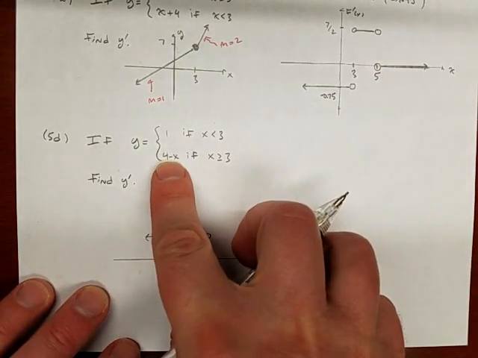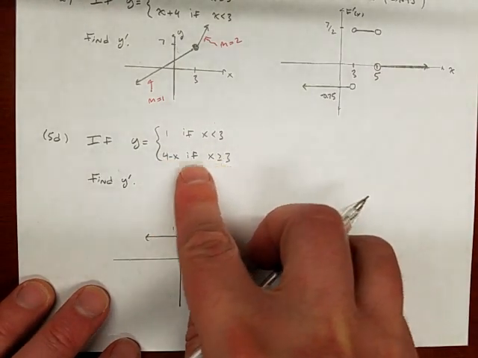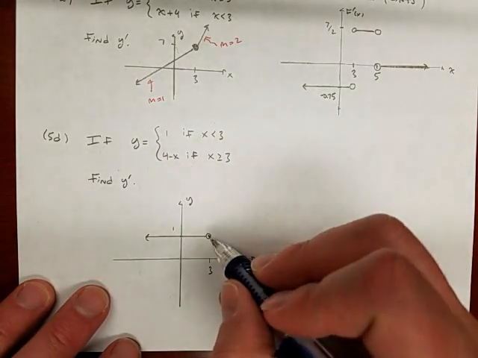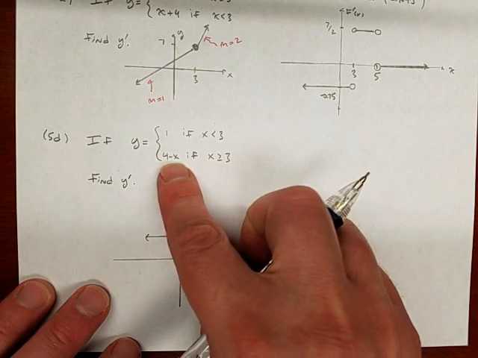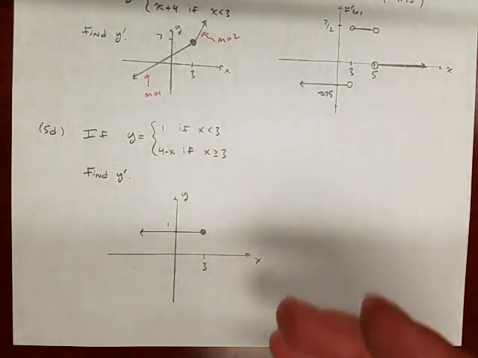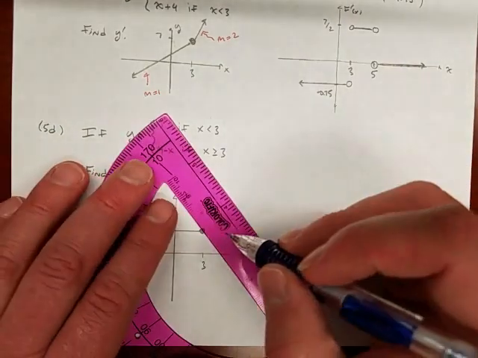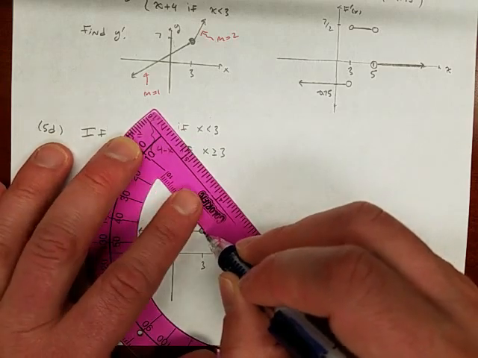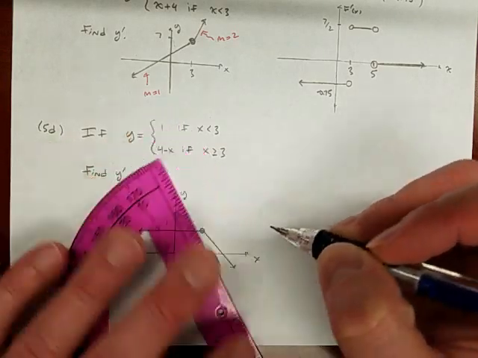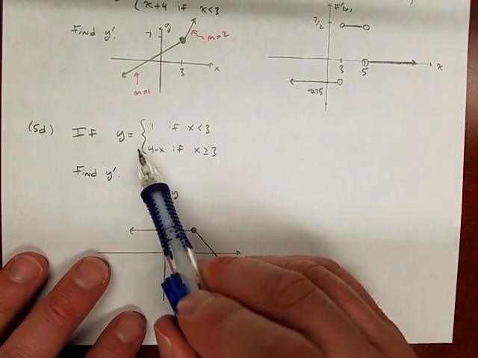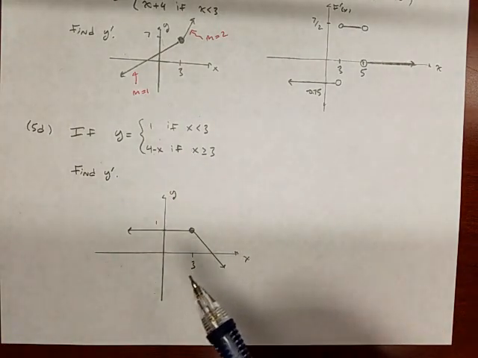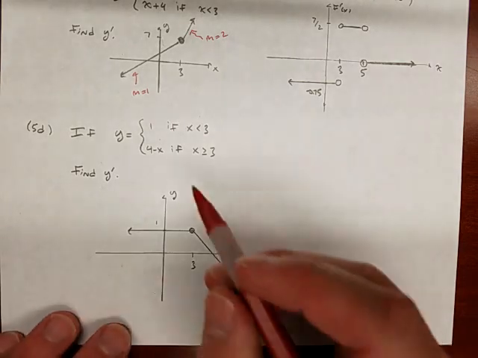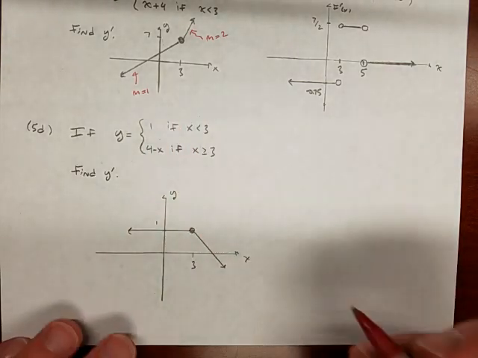And then there we pick up 3 is defined, 3 goes in, 4 minus 3 is 1. This point gets included. But that is a line of negative slope from there. You could plot some points if you wanted to, etc. And you'll find that it looks like that. Okay, so here's the equation for the function, and here's the graph. All right, I think between this and this, we've got all the information.